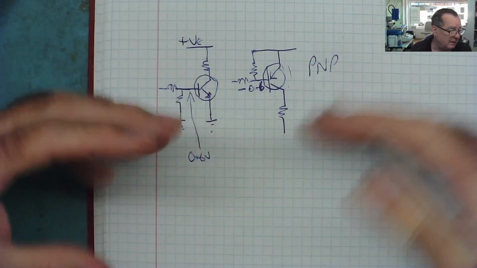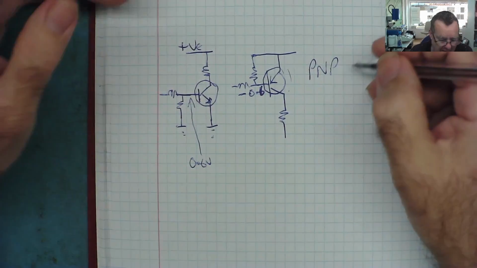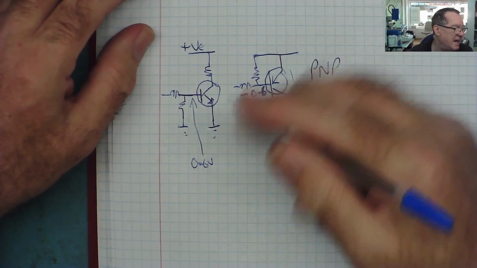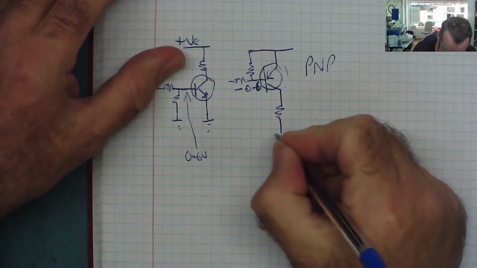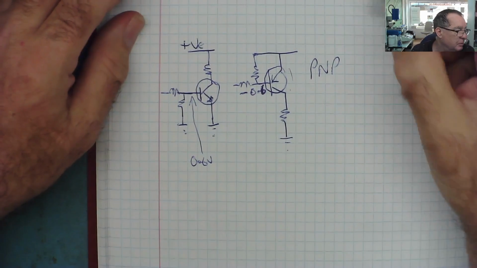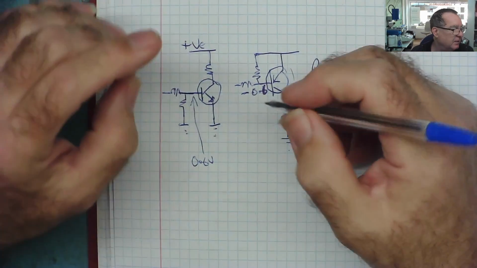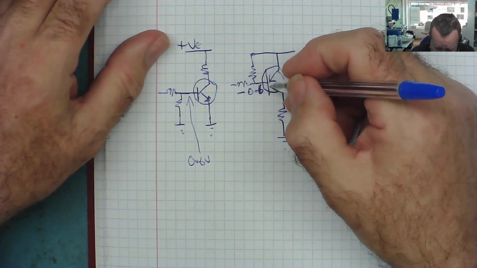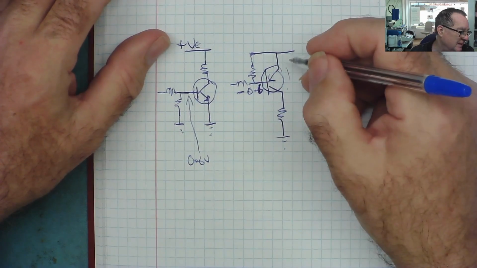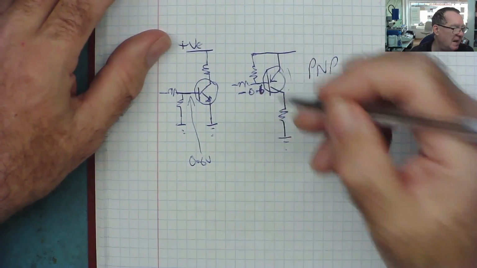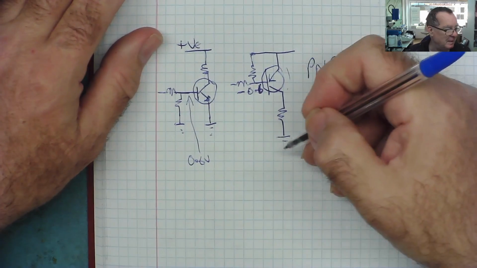So you might think from this, a PNP transistor needs a negative voltage supply to work. That is not the case. A PNP transistor needs the base to be more negative than the emitter. It doesn't have to be a negative voltage with respect to ground.